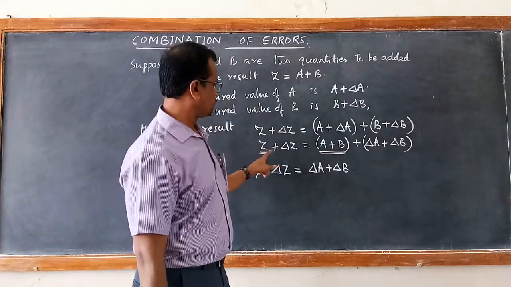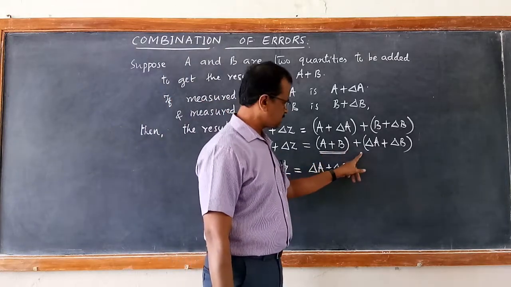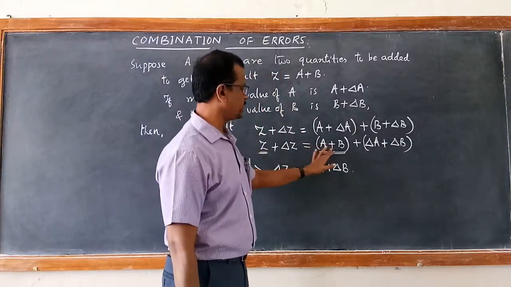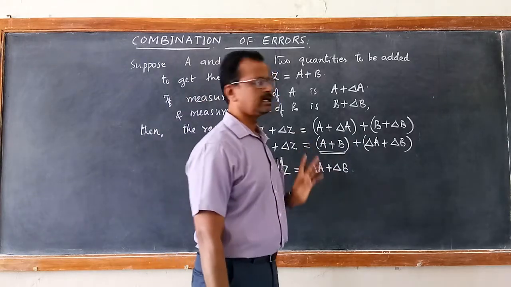Then Z plus delta Z is equal to A minus B plus delta A plus delta B. Again if you cancel Z equal to A minus B, we are going to get delta Z is equal to delta A plus delta B.